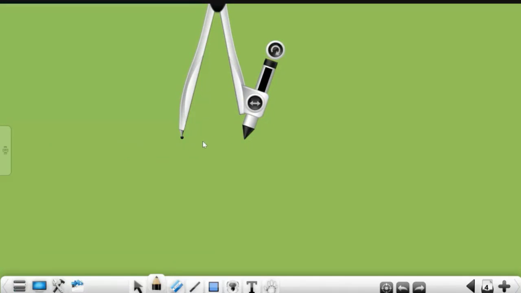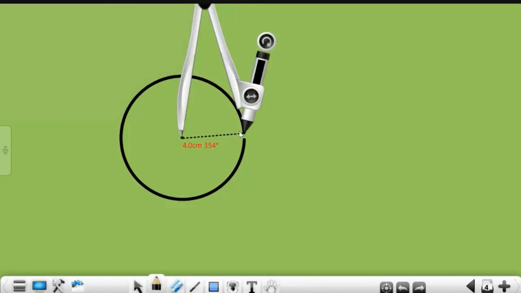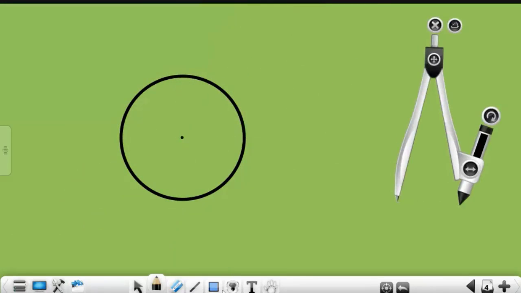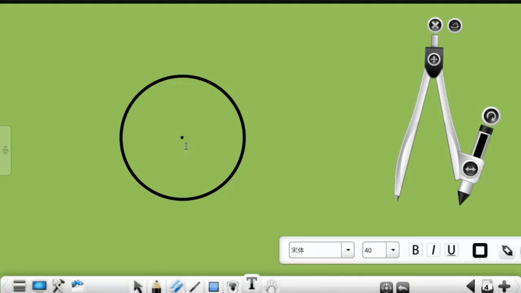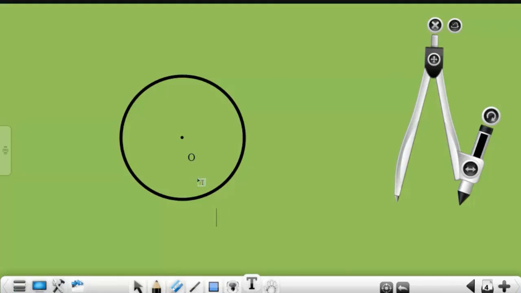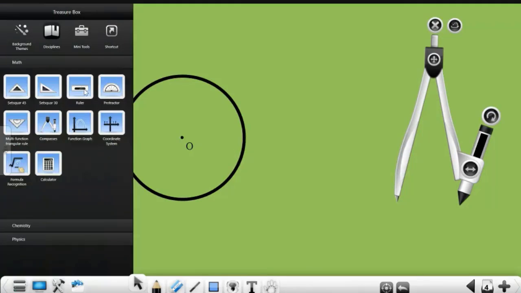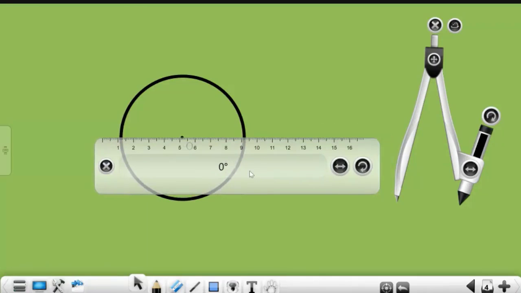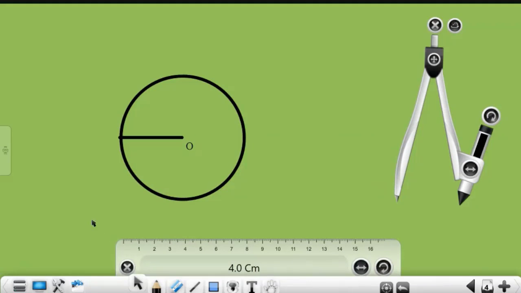Okay, this is 4 centimeters. 4 centimeter circles, then I need my ruler because I need the radius. From here you can see it's 4 centimeters, exactly like the textbook already.